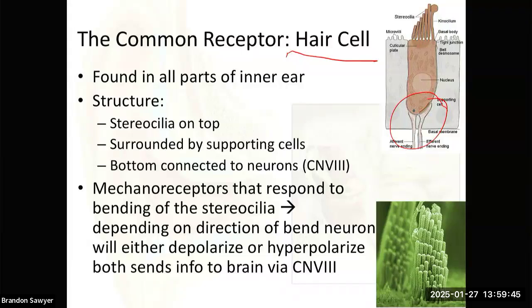Depending on which structure we're talking about, those stereocilia are embedded in something, and that something is going to move in some way, whether it's based on sound that comes in or on the movement of your head. They're all supported by cells and connected to cranial nerve 8. This is a version of a mechanoreceptor: some kind of mechanical stimulus moves these hair cells, which activates them to send an action potential into those neurons, and that goes up to the brain to be interpreted.